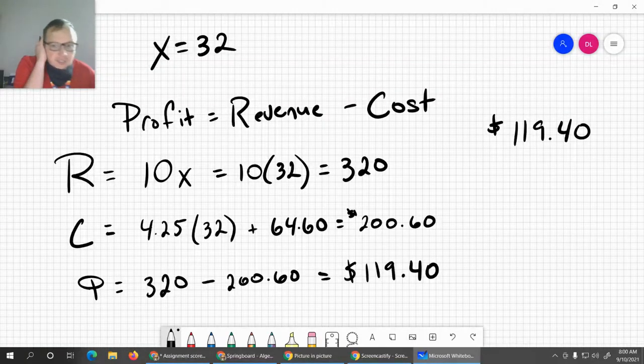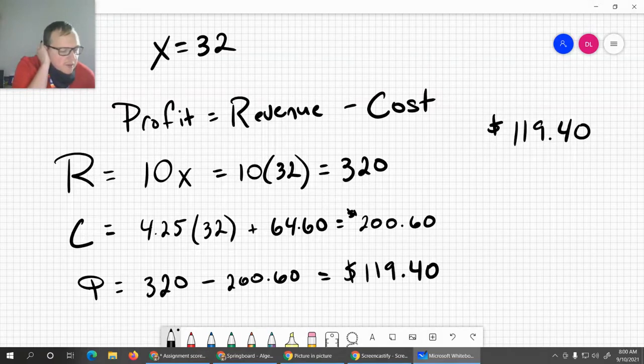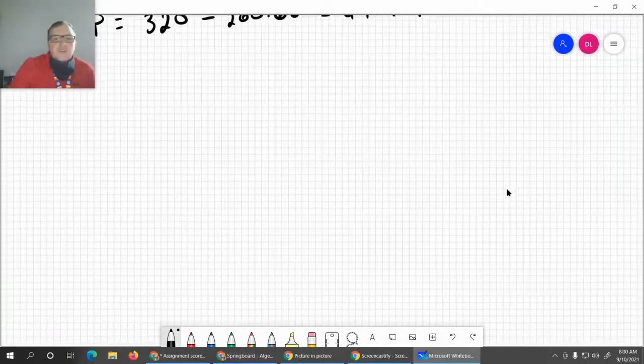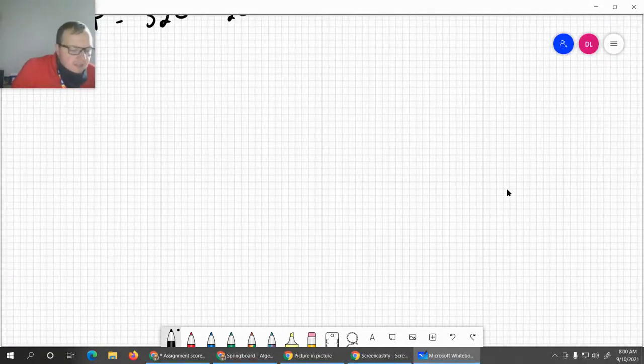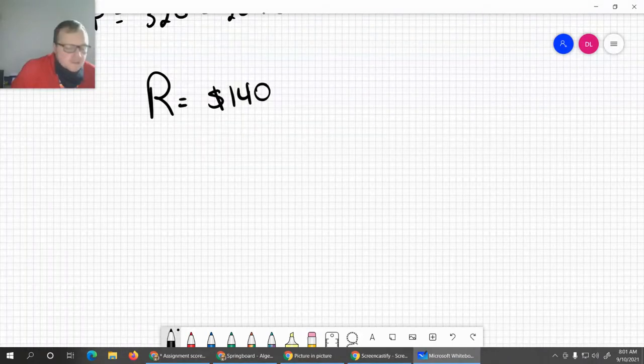The Future Engineers of America treasurer was going back through the fundraiser records on Monday. The club made, all right, so there's this. I'm going to scroll down so that way if I need to reference it, I can scroll back up to it. It said the revenue was $140, selling the tickets at $10 each.